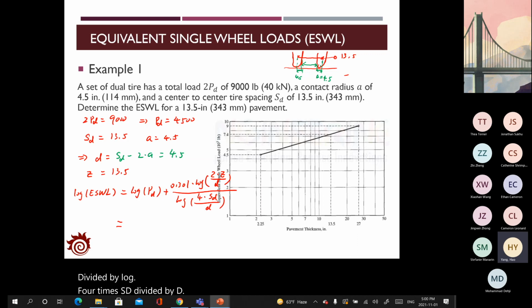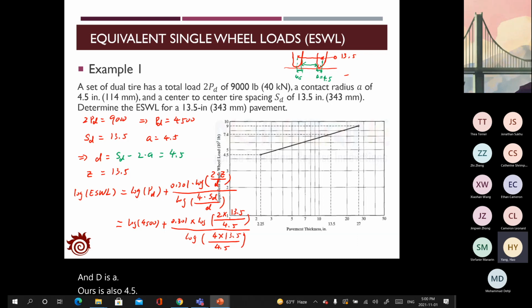And you know all the information. You know PD equals 4,500, and Z is 13.5, D is 4.5, and SD is 13.5, and D is also 4.5.